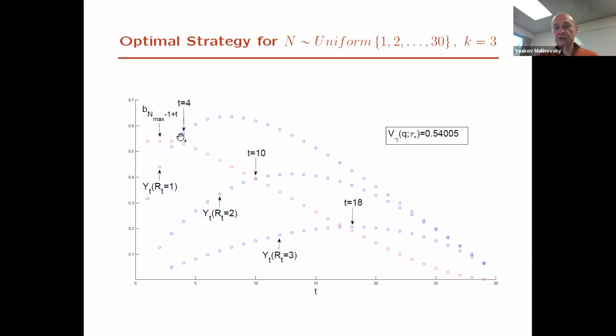Now we stop the first time from time 4, not 11 as in the previous case, if the relative rank equals 1. From time 10, we stop with 1 or 2. And from time 18, we stop with 1, 2, or 3. The optimal value of stopping is 0.54, less than with the fixed horizon 30.